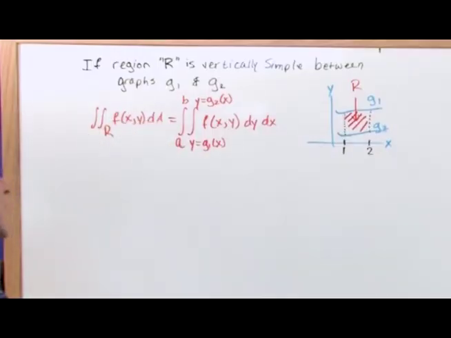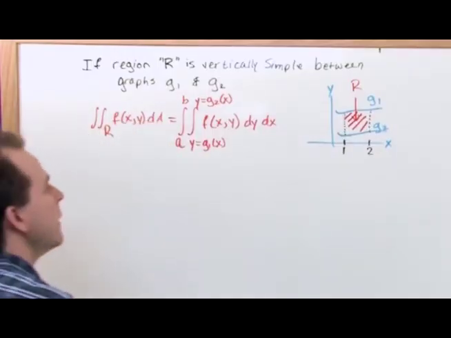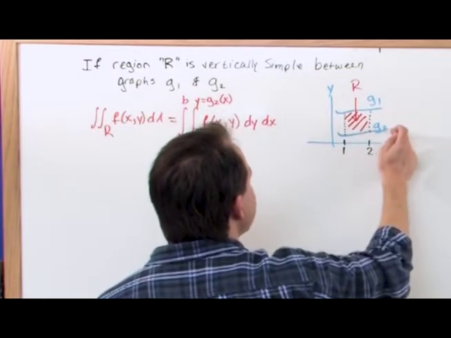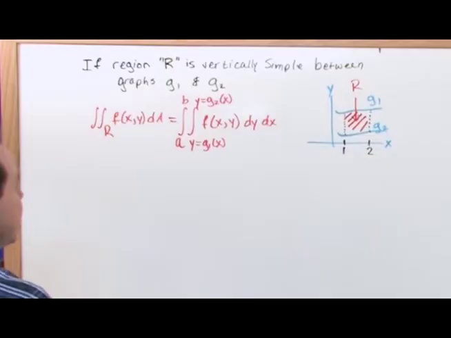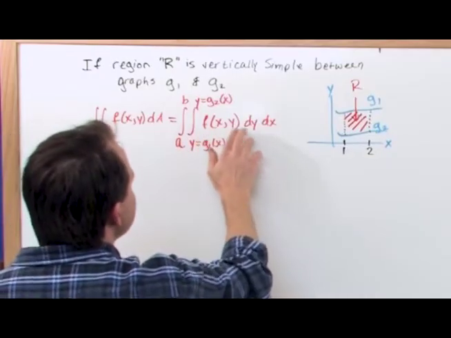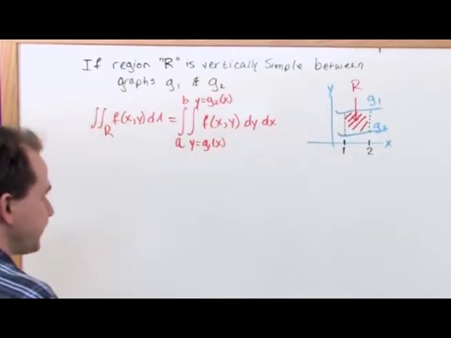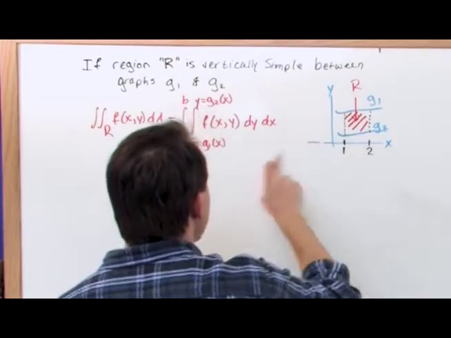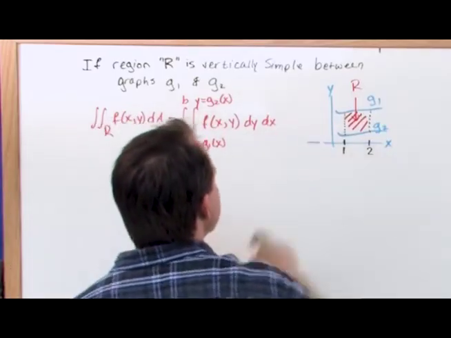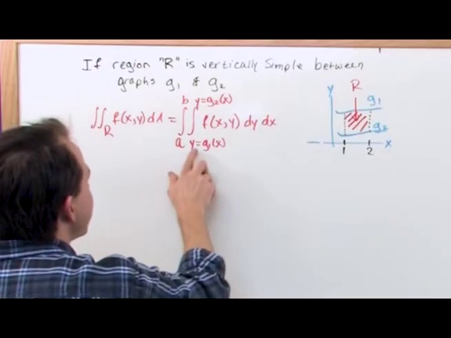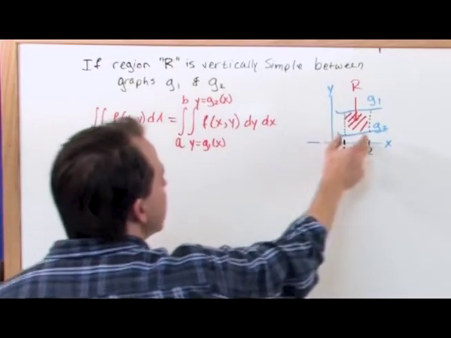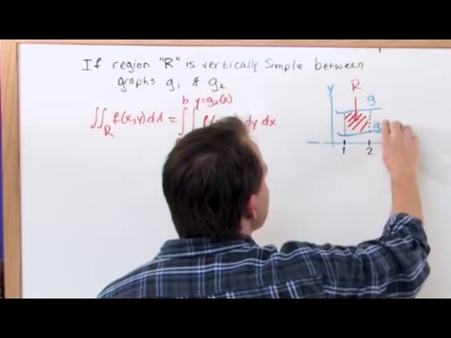So what I'm trying to get at is, in order to define the region R, you have to use two functions. And when it's vertically simple, you organize your integral like this. First thing you do is take your function and integrate it over y, along this direction right here, between the values of y equal to, whoops, I did something a little bit off here.